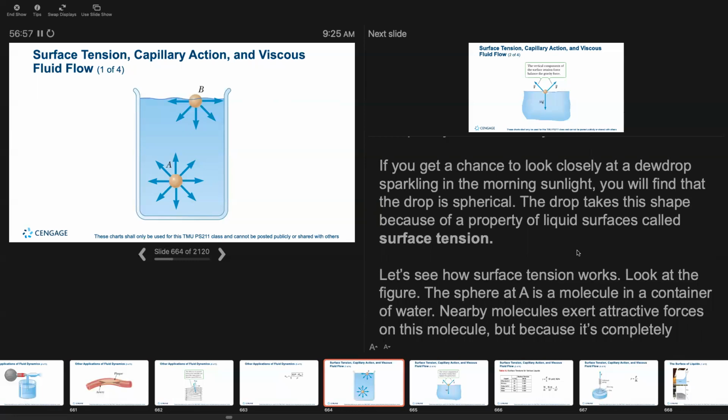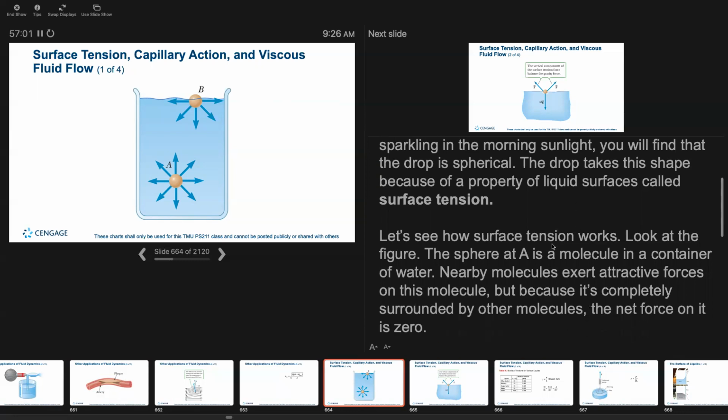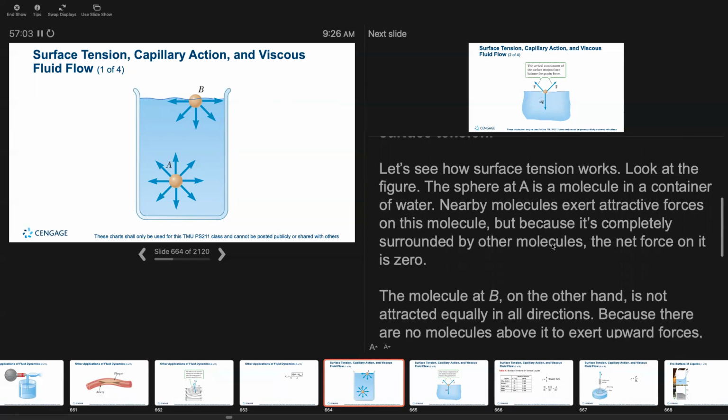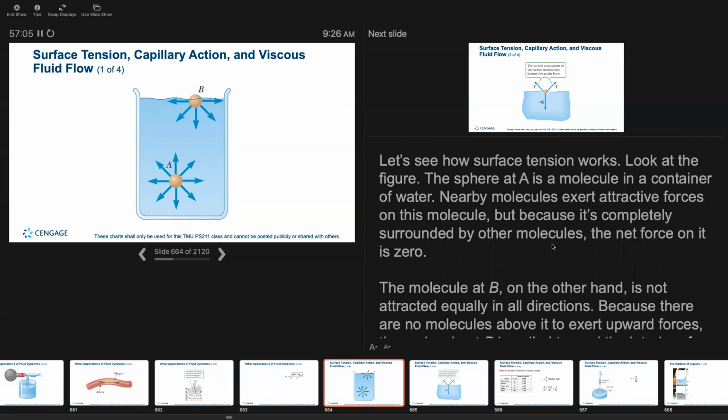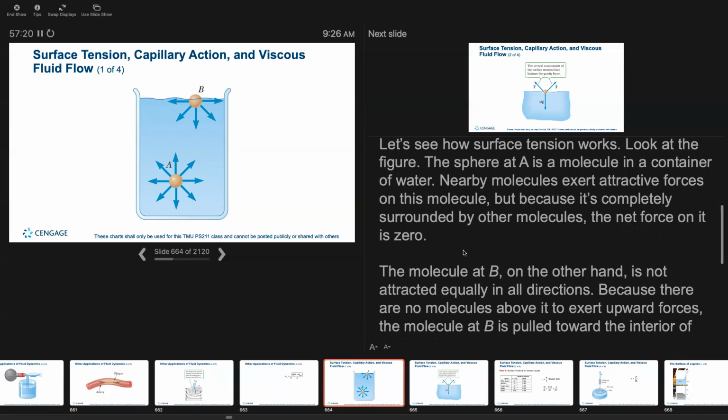The drop takes this shape because of a property of liquid surfaces called surface tension. Let's see how surface tension works. Look at the figure. The sphere at A is a molecule in a container of water. Nearby molecules exert attractive forces on this molecule, but because it's completely surrounded by other molecules, the net force on it is 0. The molecule at B, on the other hand, is not attracted equally in all directions.